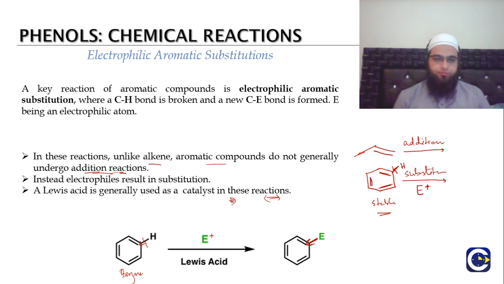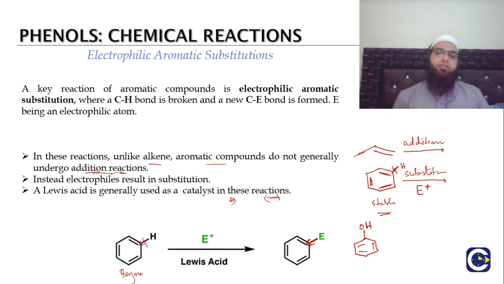This is the general representation of electrophilic aromatic substitutions, but here we are concerned with the electrophilic substitution reactions of phenols. Phenols have a hydroxyl group, and this hydroxyl group is an activating group. It activates the ring towards electrophilic substitution reactions.